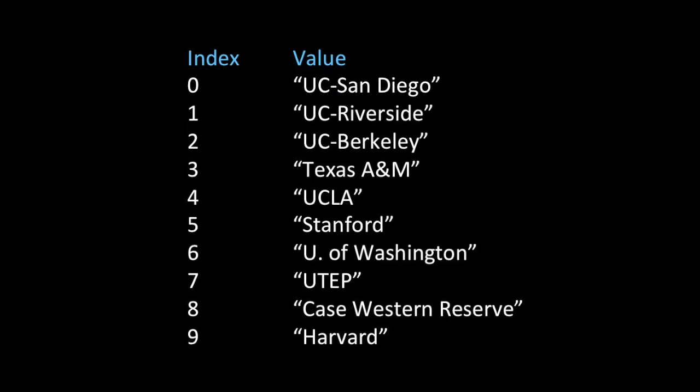The next highest in array element with index 1 is UC Riverside, then UC Berkeley. In array element 3 is Texas A&M. The array element with index 4 is UCLA, then Stanford, then the University of Washington. Then UTEP is in array element with index 7, and then followed by Case Western Reserve, and Harvard rounds out the top 10.